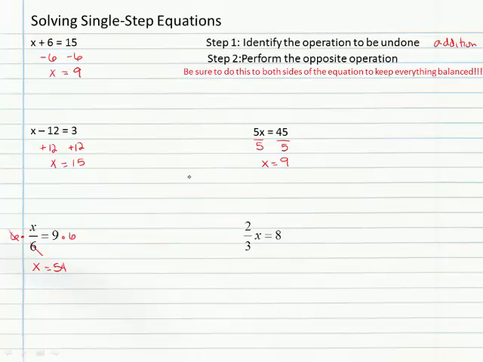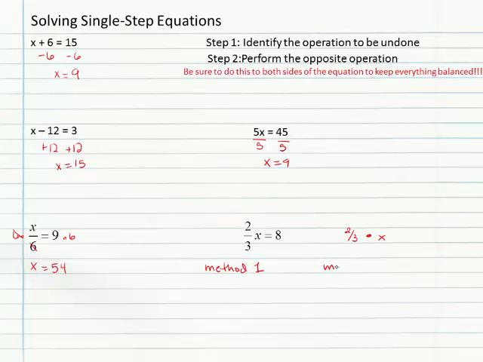Now this next equation, I have 2/3 x. This is 2/3 times x. So my opposite operation would be division, but because this is a fraction, this is a little different. So I can solve this in two different ways. In method 1, I take my 2/3 x and I multiply both sides by the reciprocal of the fraction.